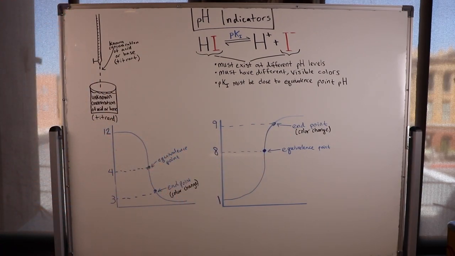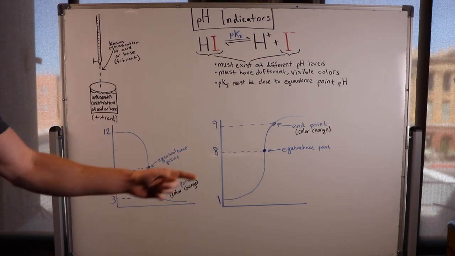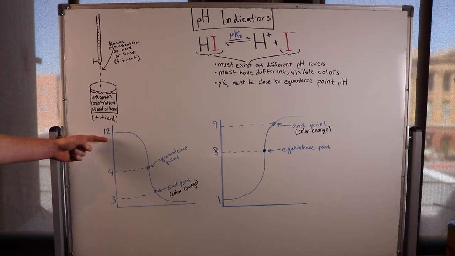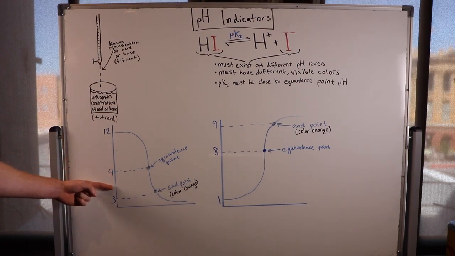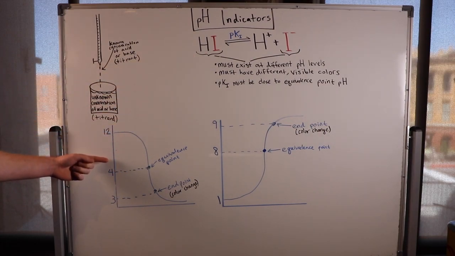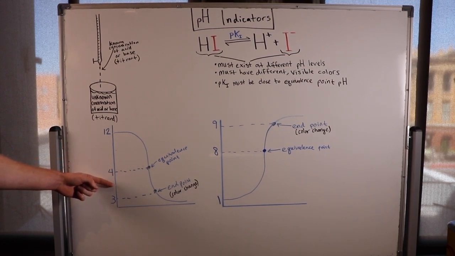So if we wanted to select an indicator for these two titrations, for this one, for example, we would want the indicator to change color somewhere between this range and this range, right? Preferably, maybe the indicator is red at pH of 5 and then blue at pH of 3.